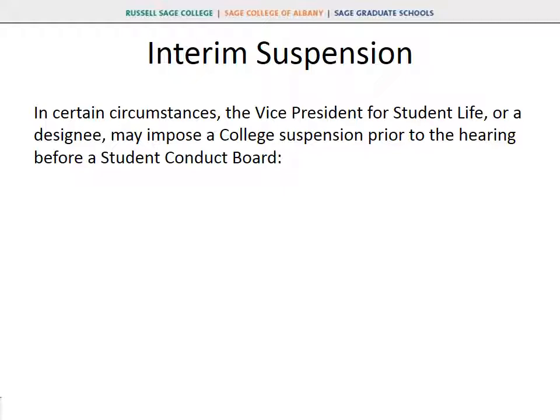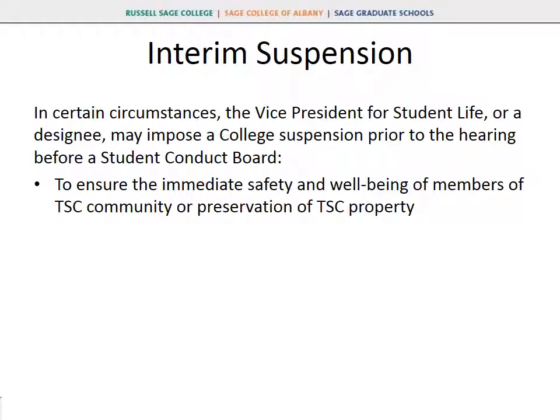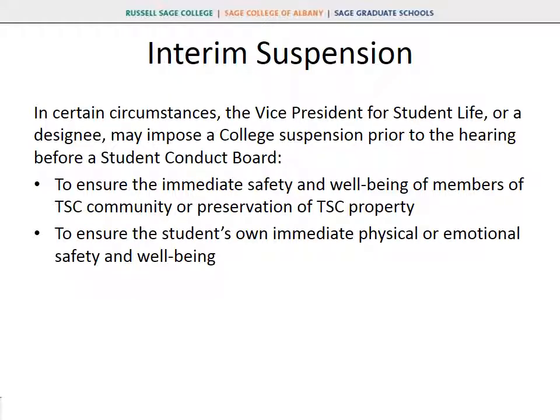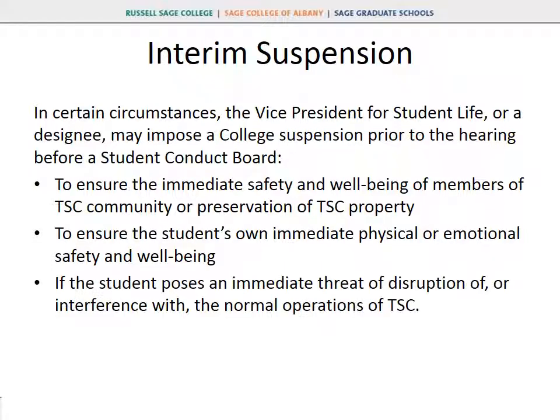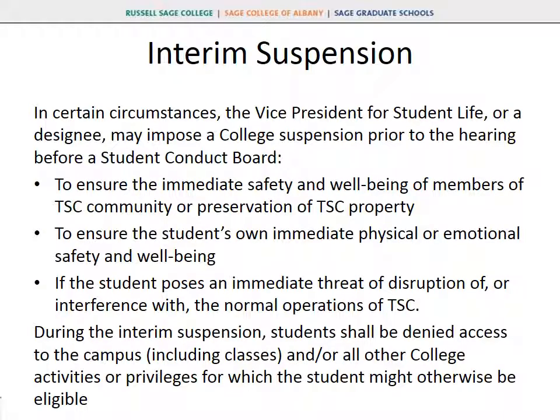Reasons for interim suspension may be to ensure the immediate safety and well-being of the members of the Sage Colleges community or preservation of the Sage Colleges' property, to ensure the student's own immediate physical or emotional safety and well-being, or if the student poses an immediate threat of or disruption of or interference with the normal operations of Sage Colleges. During the interim suspension, students shall be denied access to the campus, including classes, and all other college activities or privileges for which the student might otherwise be eligible.